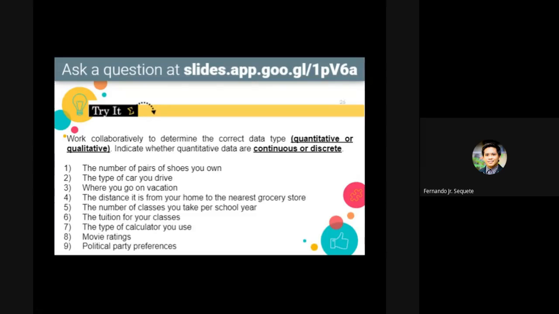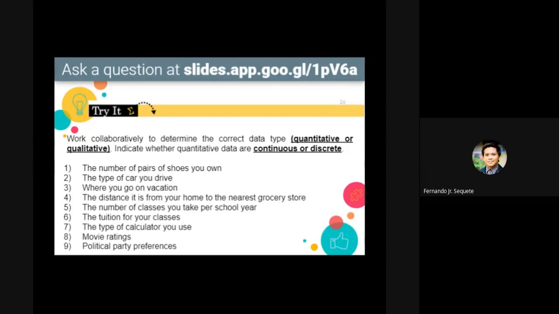Number eight, movie ratings. Quantitative continuous. Sir, why continuous? Because our rating is computed, no? For example, ABS-CBN, although they no longer exist in entertainment, they are still there when it comes to virtual.